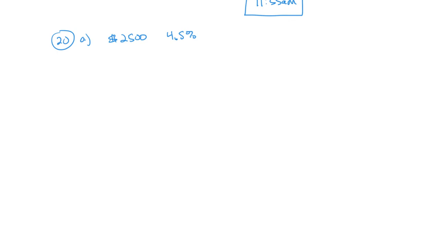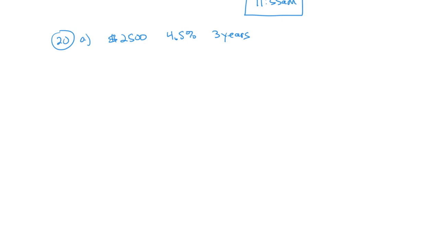It says find the amounts due at the end of 3 years. So we're going to borrow this for 3 years, if the interest is compounded annually, quarterly, monthly, weekly, daily, hourly, and continuously.